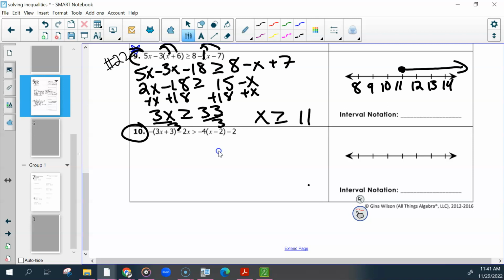Would that be a parenthesis or a bracket? Bracket. And then where does this stop? Where does this end? Infinity. And that would be a parenthesis. Questions on that one?